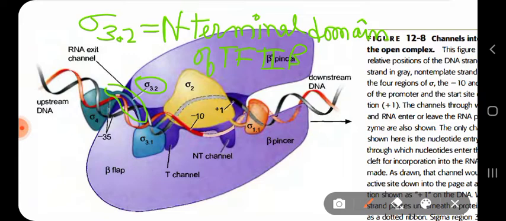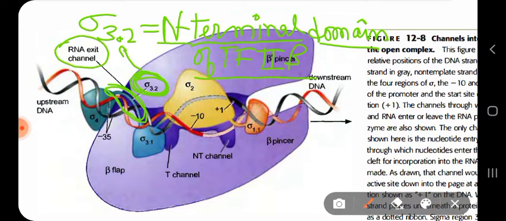So this linker which links sigma 4 with sigma 3.1, as you can see in the figure, this region sigma 3.2, is similar with the structure of the amino terminal domain or N terminal domain of TF2B.